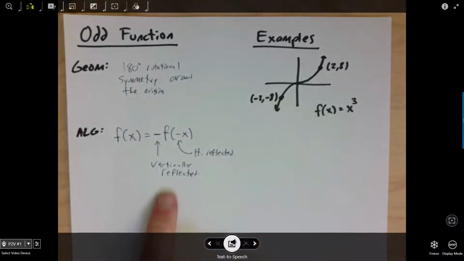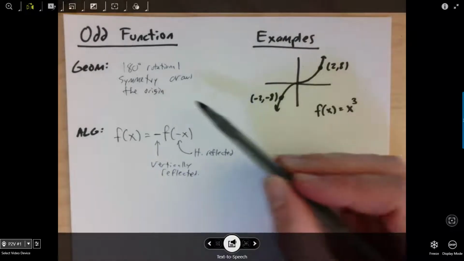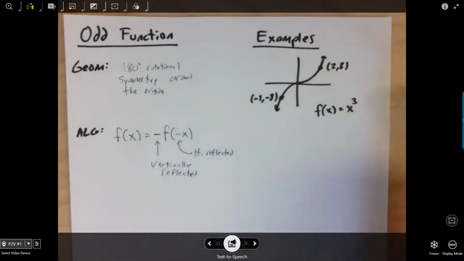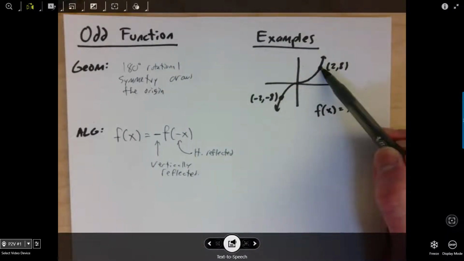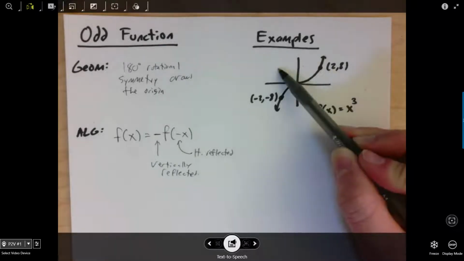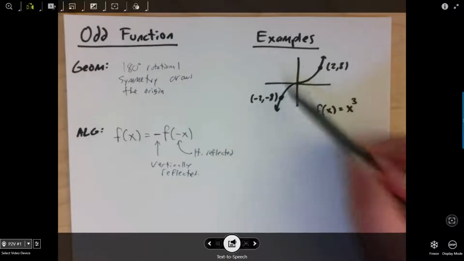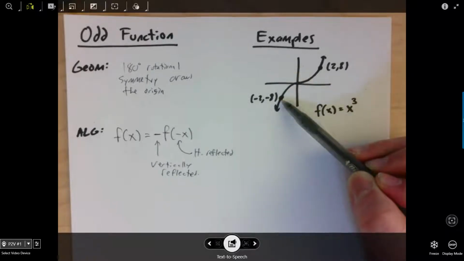And you can convince yourself for a minute that that is the same thing as a 180-degree rotation around the origin. So if you imagine reflecting 2, 8 first horizontally, you'll get -2, 8. And then you reflect it vertically, and you'd get -2, -8.